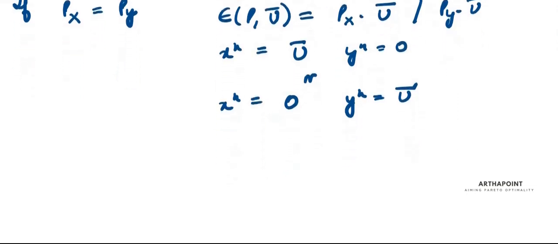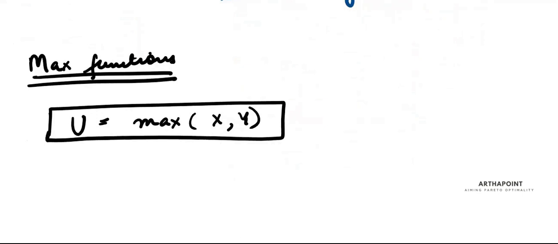Now let's do a third kind of utility function, and they actually act very, very similar to substitute goods. They're very similar, and they're known as max functions. So the max functions have a utility function that looks like max of x or y. What is one property of these max functions?